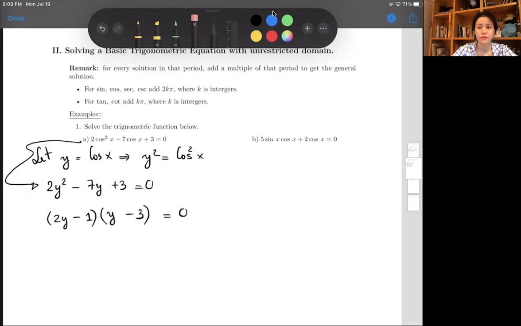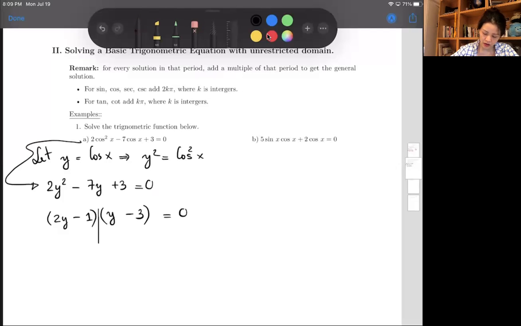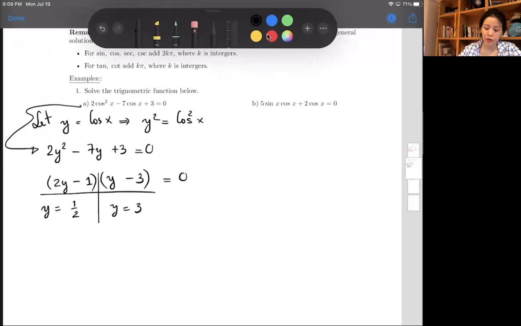So we have either y equal to 1/2 or y equal to 3. But remember, we're not solving for y, we're solving for x. So we have to plug the cosine term back in. Remember, we let y equal cosine x.